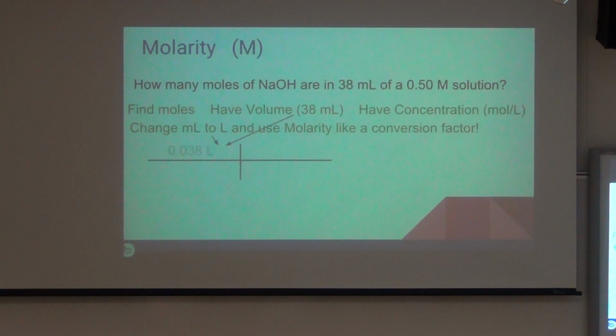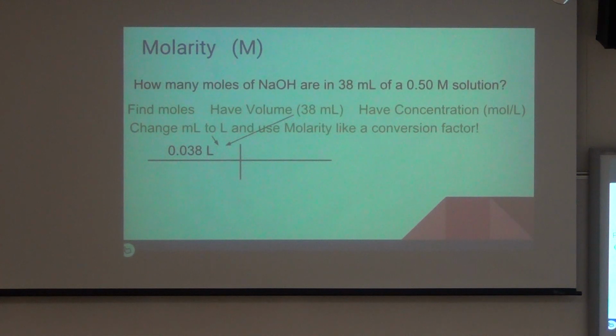So 38 milliliters changed to liters: move the decimal point three places to the left. 0.038. Could we have done that conversion with a T-chart? Sure. But you can skip that and just move the decimal point. Now I'm going to take my concentration and change that M, get rid of the M and make it moles per liter. So I know it's 0.5 moles per 1 liter.